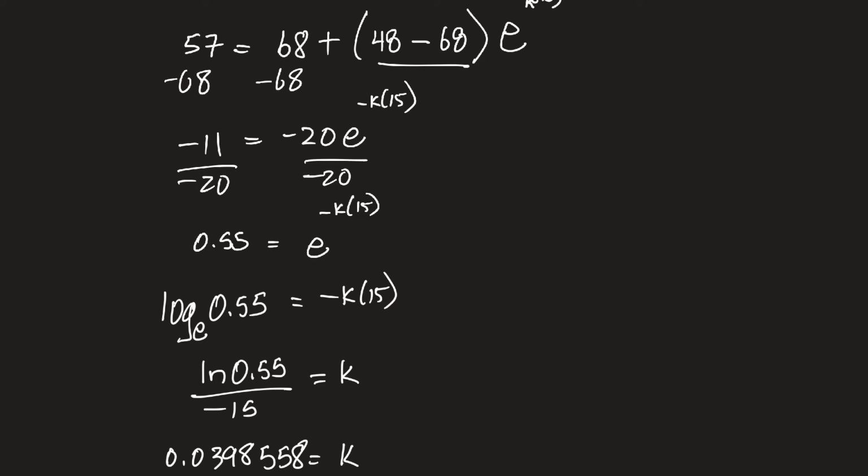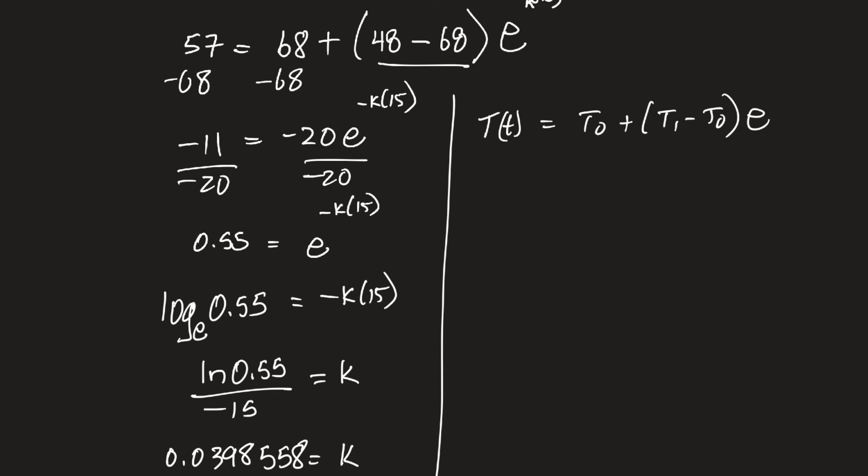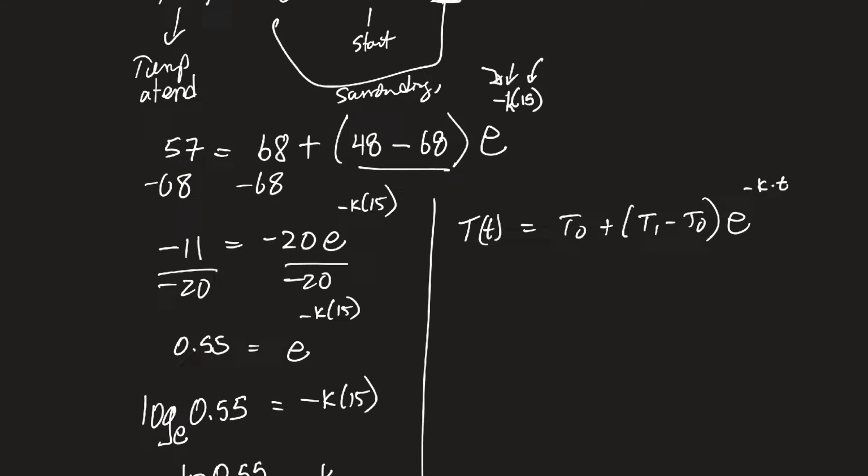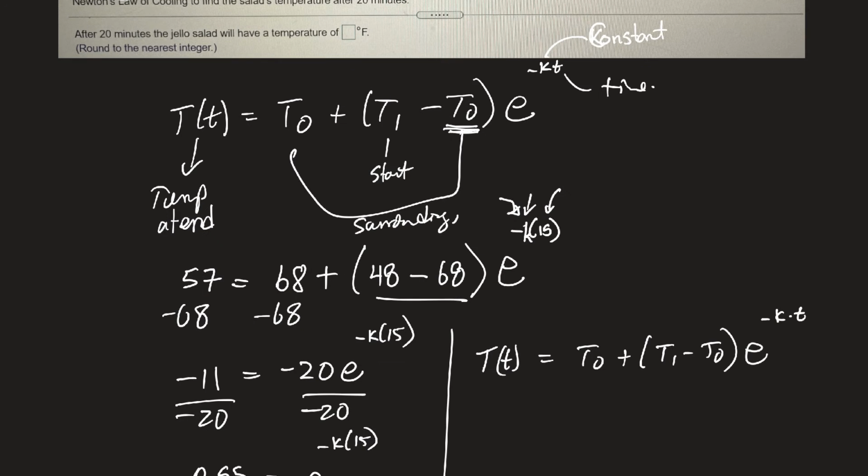Okay, so I have the constant of cooling. Now I can use that same formula. So temperature after a specific time is equal to T0 plus (T1 minus T0) times e to the minus k times t. But this time, I've still got the same jello, and the room is 68, so that's the surroundings, plus 68.